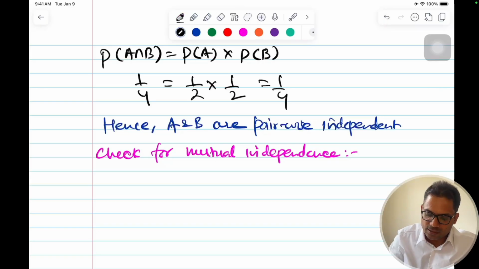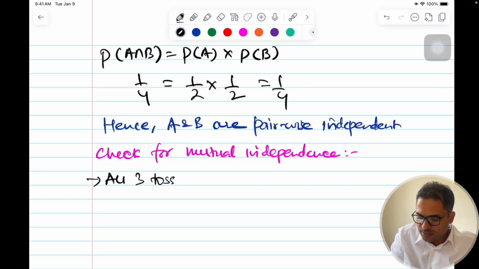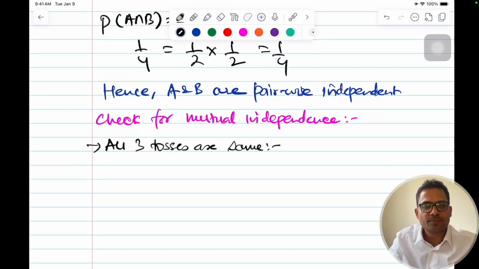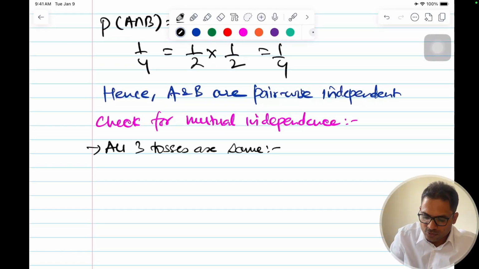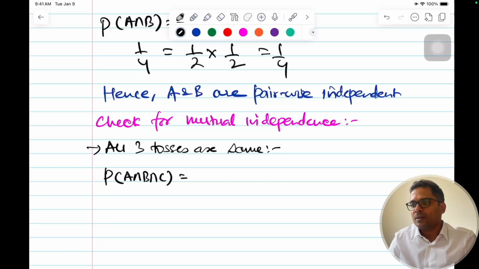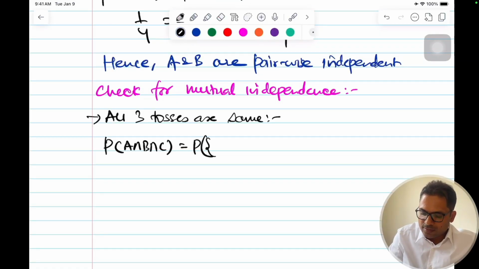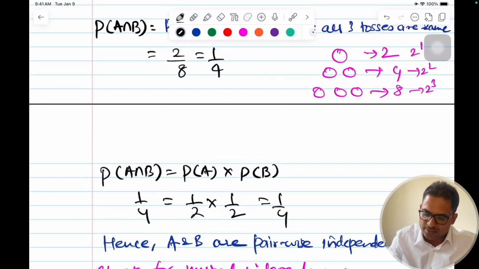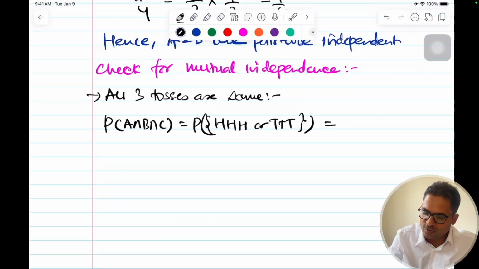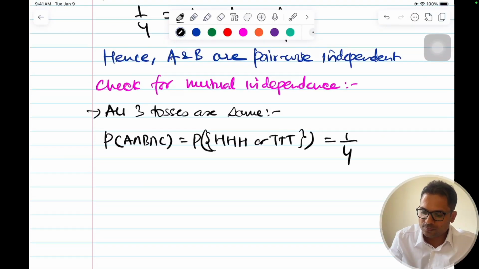Say for example, let's say that all the 3 tosses are the same. So what should P of A intersection B intersection C be? This should again be the probability of head head head or tail tail tail. As we have computed earlier, this is equal to 1 by 4.